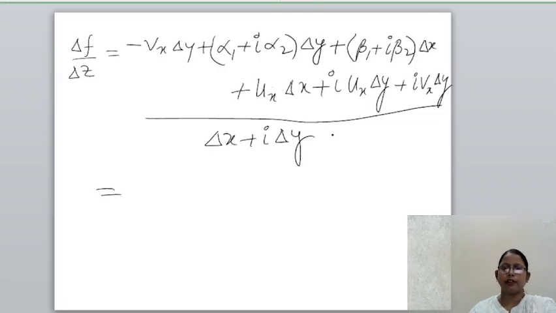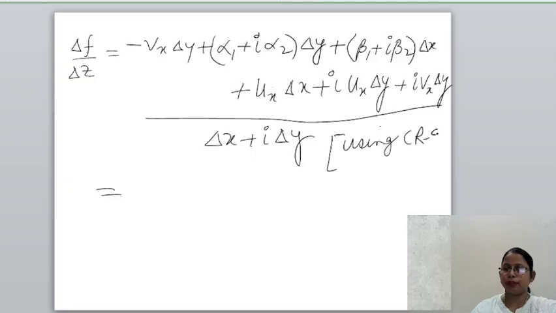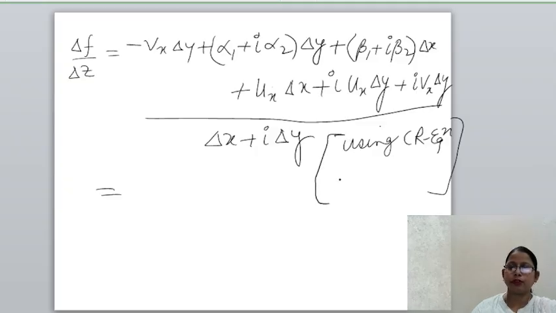Next, here you should write using the CR equation, meaning the Cauchy-Riemann equation. What is the Cauchy-Riemann equation? The Cauchy-Riemann equation is ux equal to vy and minus uy equal to vx.